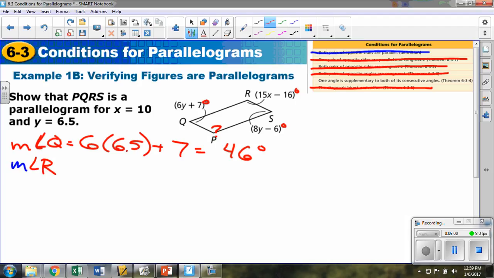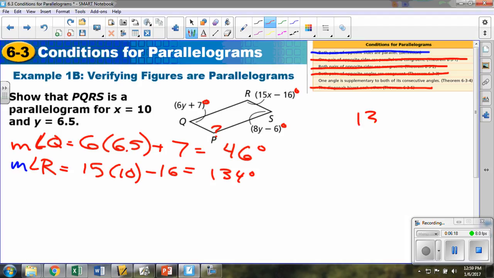Continuing, measure of angle R. 15 times x, subtract 16. 150 subtract 16 is 134 degrees.